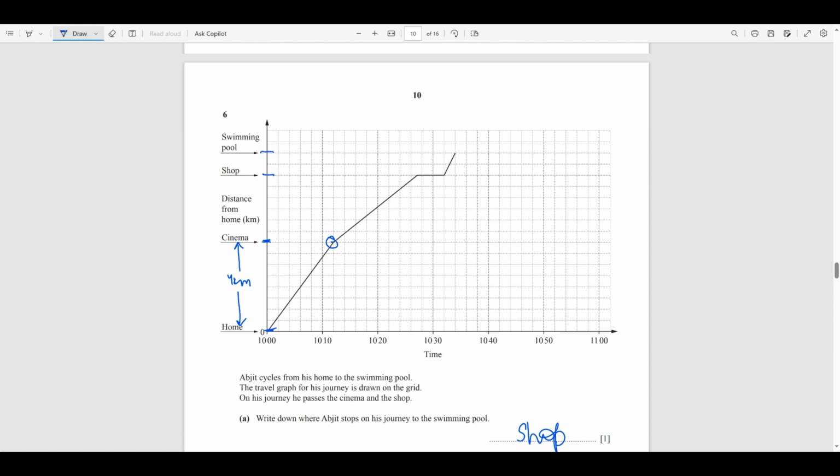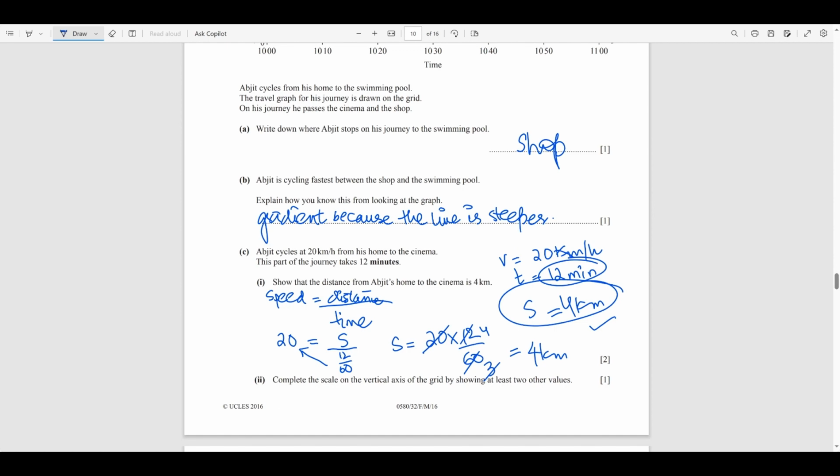So that means 8 boxes represent 4 kilometers, which means if this is 4, then the next thing would be 8, and that too after 8 boxes. 1, 2, 3, 4, 5, 6, 7, 8. So swimming pool is 8 kilometers away from his home. Right, so 2 points are enough. They're asking for 2 points.